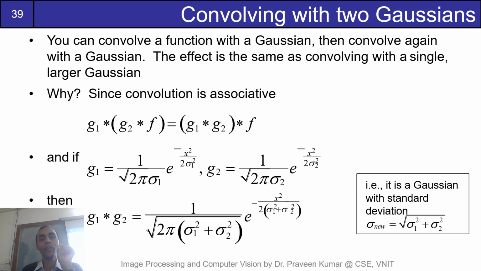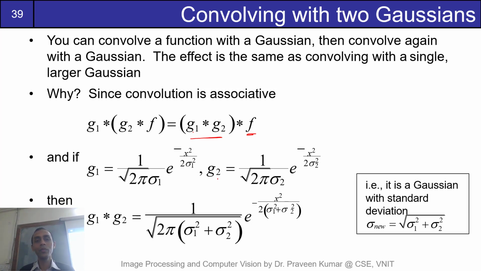So if you first convolve with one filter and then convolve with another filter, it is the same as first convolving the two filters together and then convolving with the original signal. And another property of the Gaussian function: if you convolve a Gaussian function with another Gaussian function, you get a Gaussian function itself, but with a larger spread. The variance will increase.